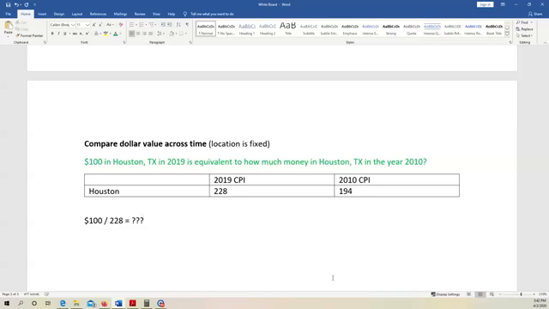How much money? I don't know. So I use question marks as a placeholder divided by 2010 CPI, 194, right? So again, one equation, one unknown. I need to figure out those question marks. Question marks equals $100 divided by 228 multiplies 194. Again, I need to use a calculator.